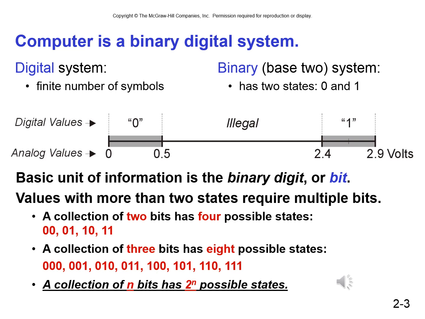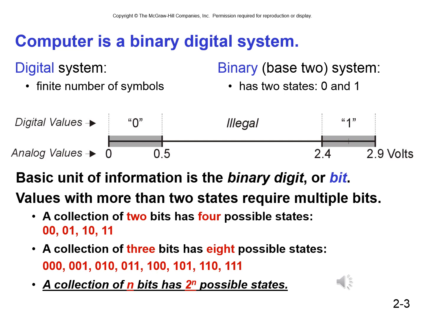So the general rule we're getting towards here is that a collection of n bits has 2 to the n possible states. 1 bit has 2 states. 2 bits, 4 states. 3 bits, 8 states. 4 bits, 16, 32, 64, 128, 256, 512, 1024.